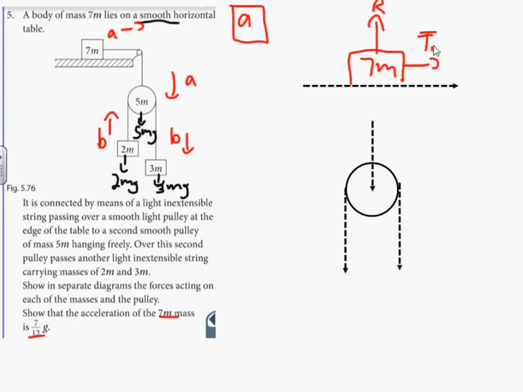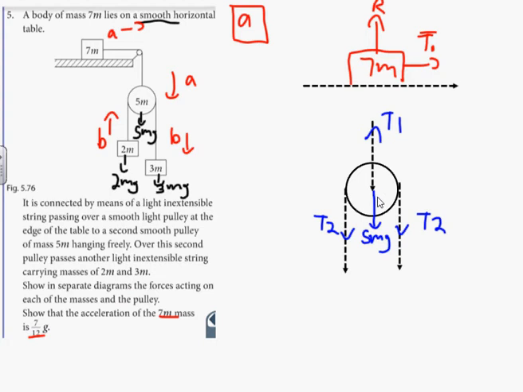The last one could be T1. So we're going to have a T1 going upwards, and we're going to have a T2 pulling it directly down. Anything I left out? So your 5mg, your weight, that has to go through here as well.